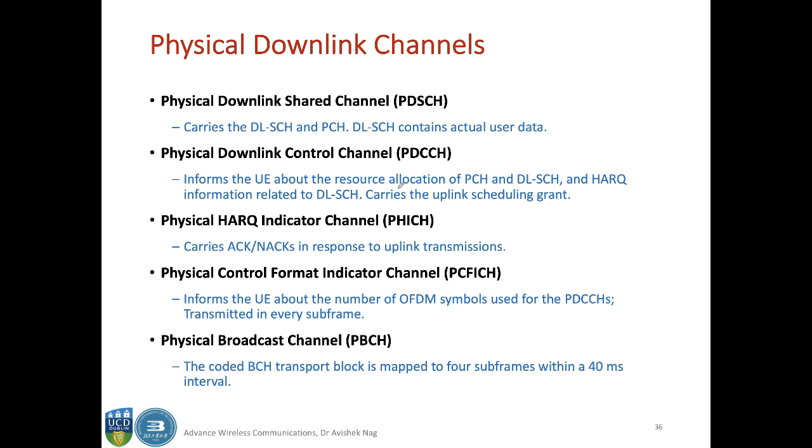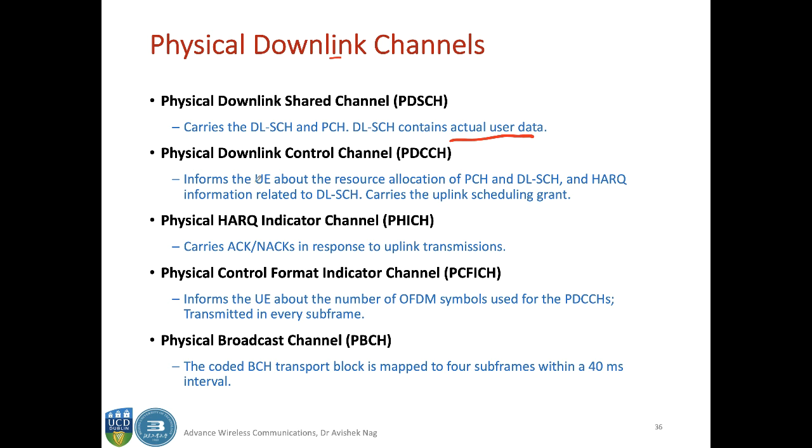There are different physical channels. Among the physical channels, there are physical downlink channels and physical uplink channels. The physical downlink channels are these. The physical downlink shared channel carries the downlink shared channel, which contains actual user data.